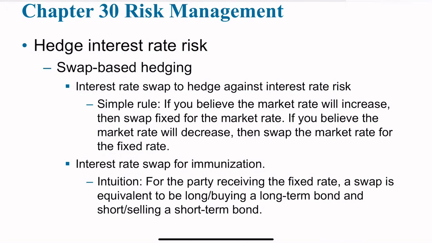Because if you buy a long-term bond, you will receive a fixed rate in the long term. And because you're in the swap, if you receive the fixed rate, you will have to pay the variable rate. And paying the variable rate is equivalent to the fact that you're selling a short-term bond. Because if you sell a short-term bond, then you will have to pay the variable rate.